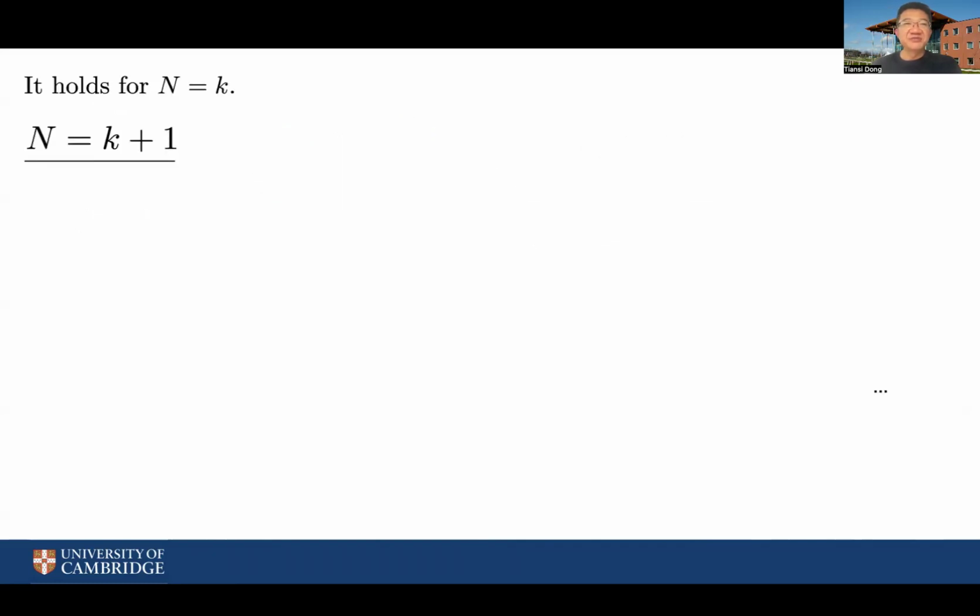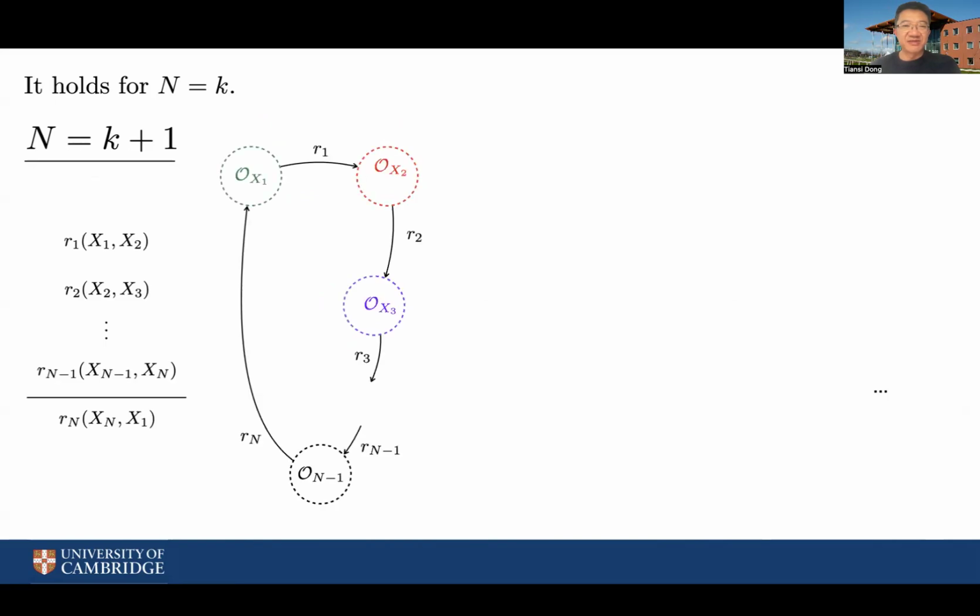If we assume the case for K is correct, let's consider the case of K plus 1. It's a loop, so without loss of generality, we just assume R1 must be equal, and look at the first triangle relation.